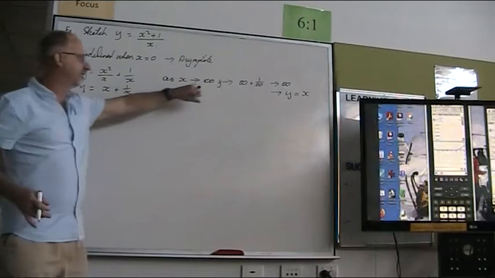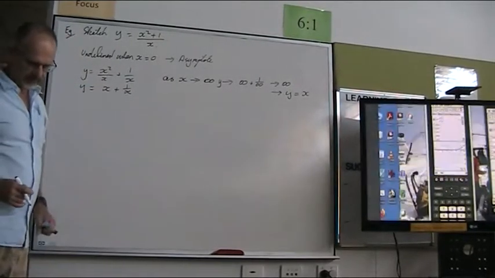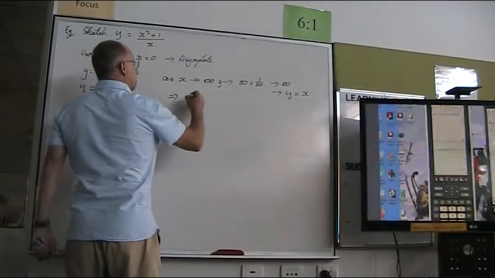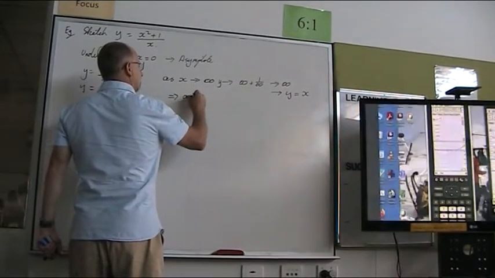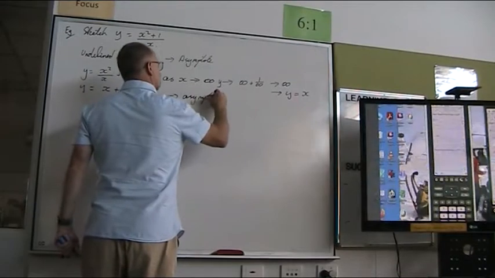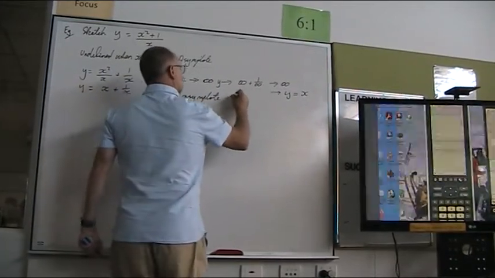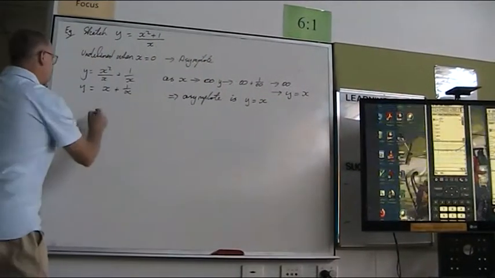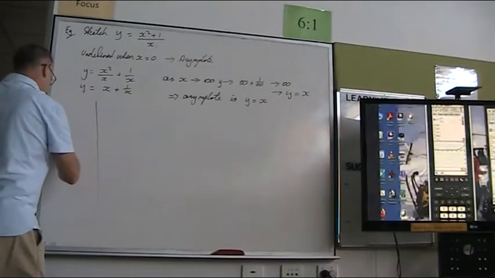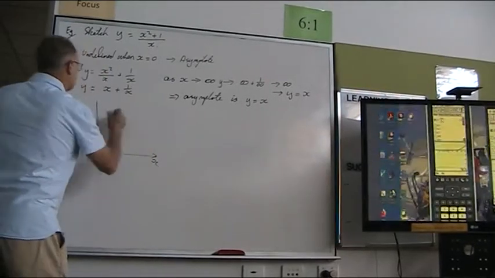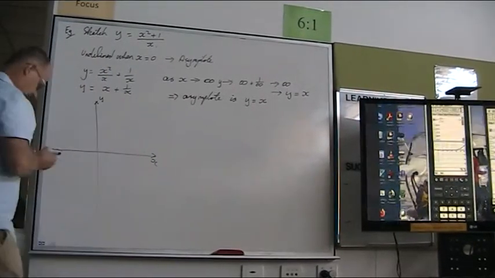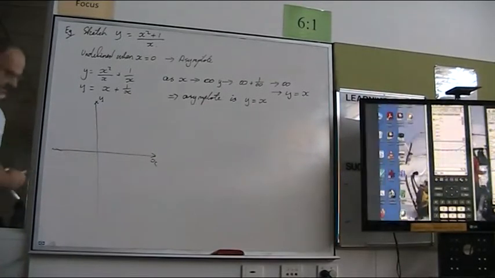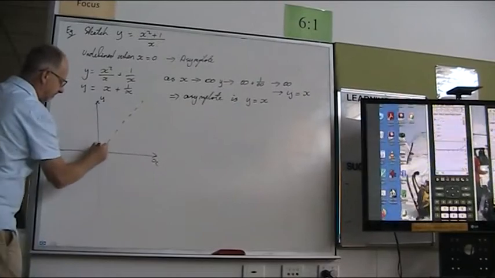Because x was infinity. And the same if you work the other way. So what that actually means is that our asymptote is y equals x. So when we draw that, we've got an asymptote that goes so.